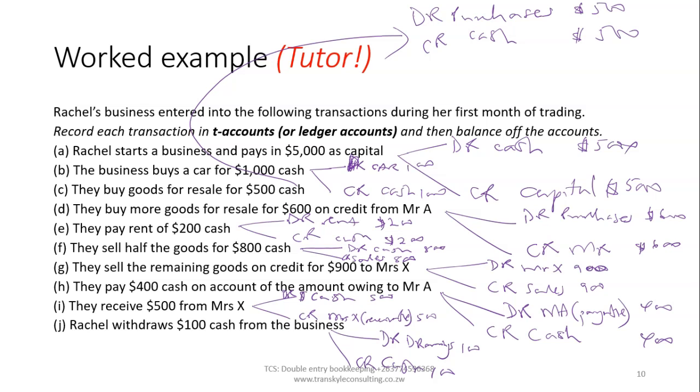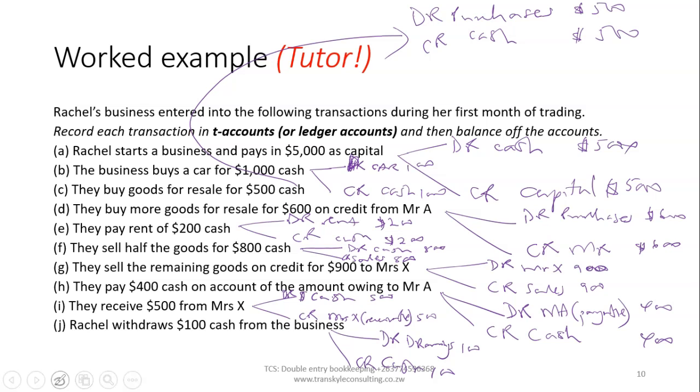Now that you know what is happening, you have to present in ledger accounts. This was just the double entry, what was happening. But we now need to come up with the relevant ledger accounts, which should be meaningful. So we just go step by step. Let us start with the cash account.